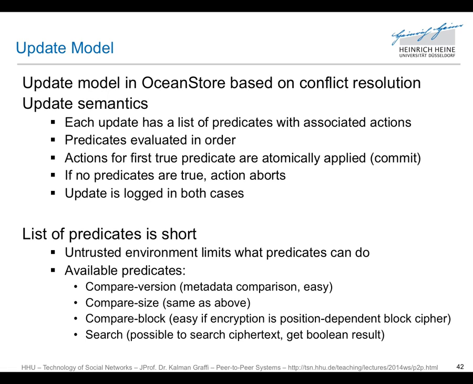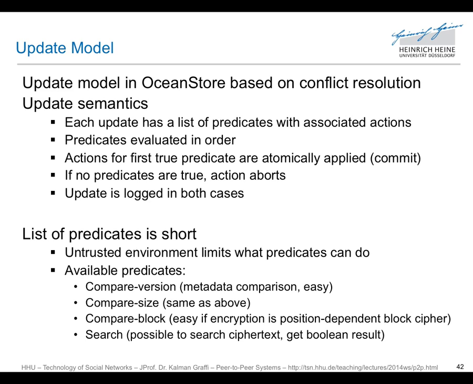For example, you can check whether the base object that you want to make the change on has the same version, the same size, the same block or whatever. So you can define to only make these changes if these requirements are true.